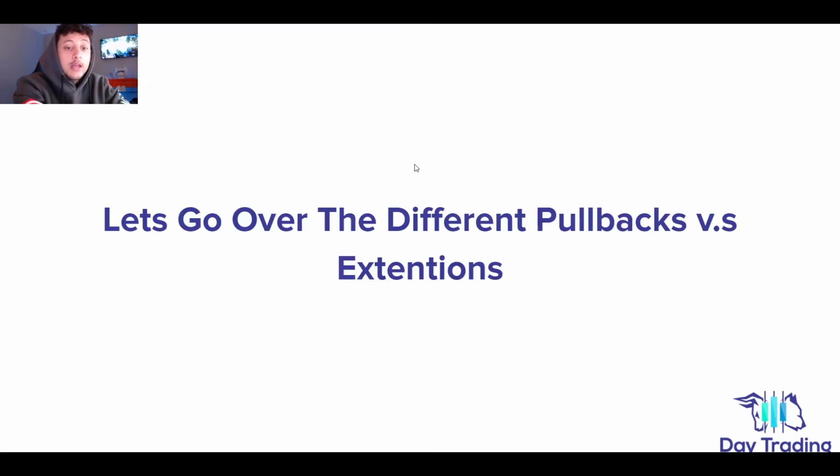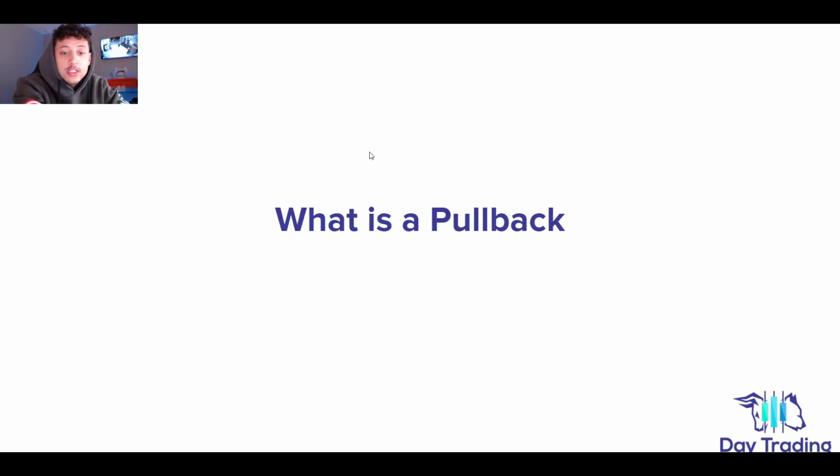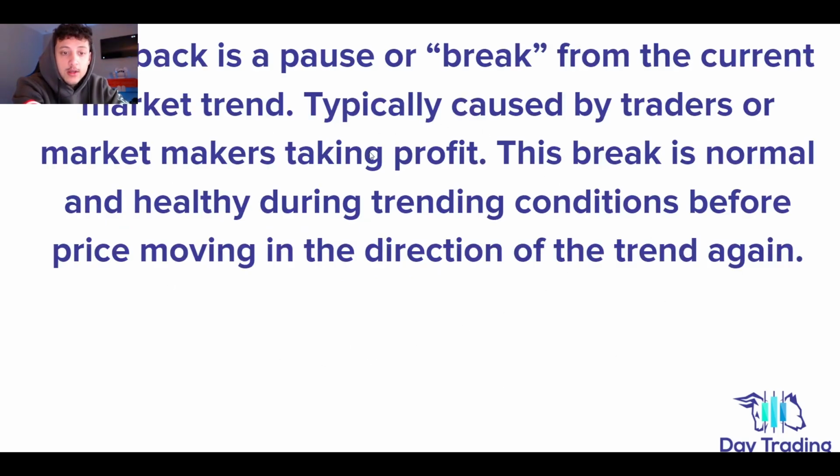First, let's cover what a pullback is and what an extension is, because we have to be able to identify both of them. They play a role in our trading in terms of identifying the trend and market structure. So a pullback is a pause or a break from the current market trend, typically caused by other traders or market makers taking profit.